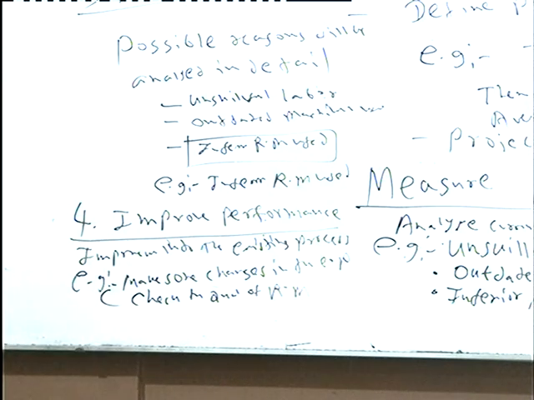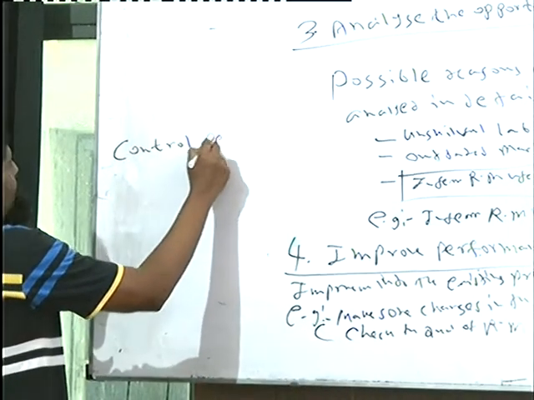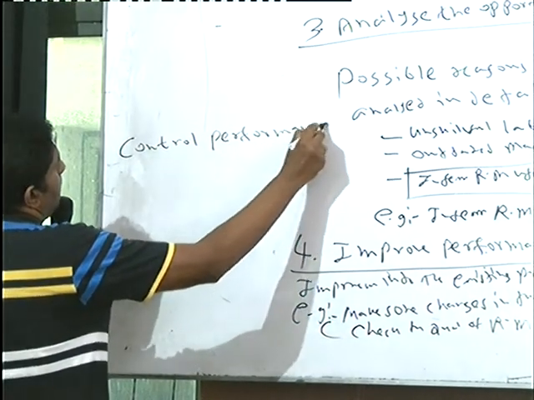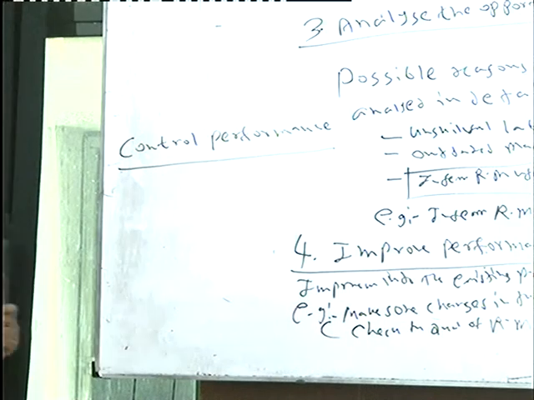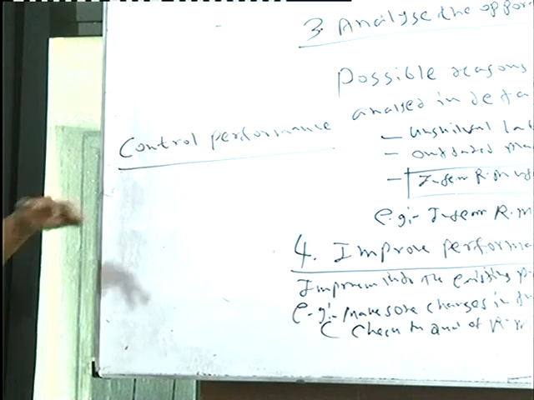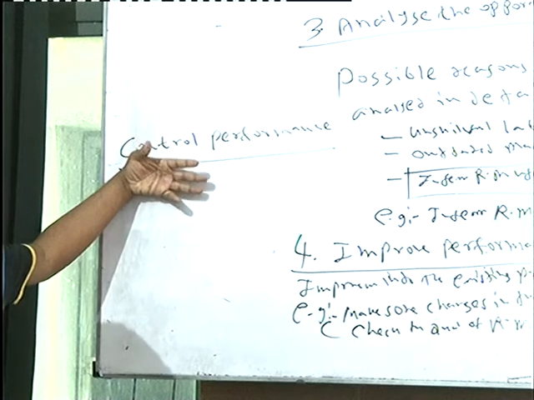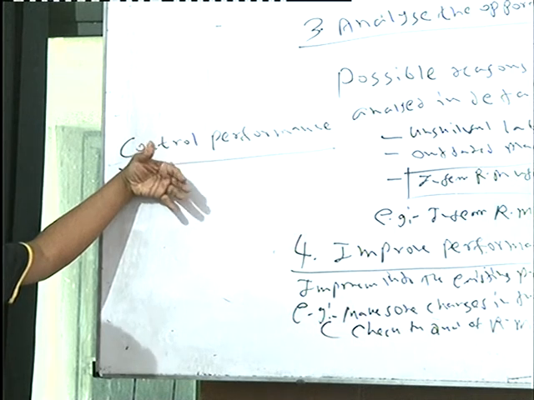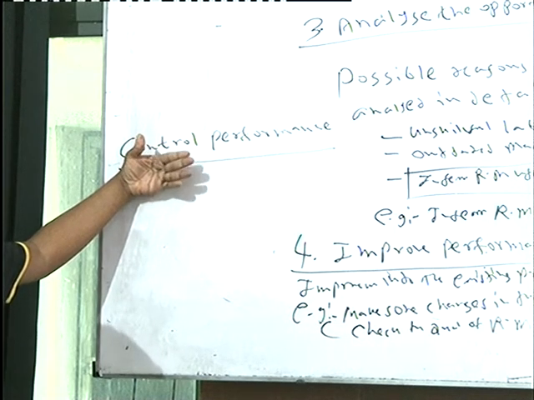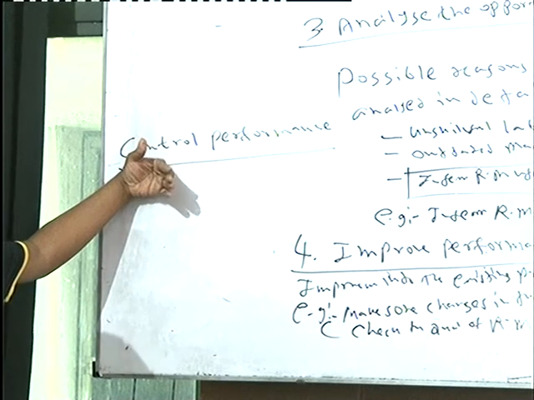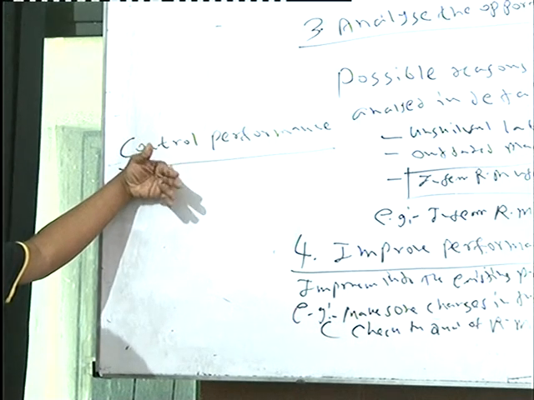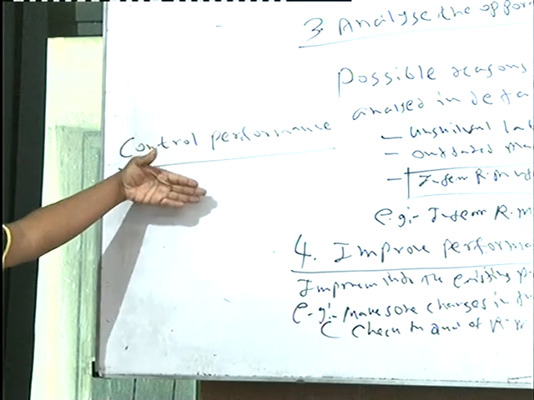Then the final step, what is the final step? Control performance, that is the monitoring work. After some time, you will check whether the required performance standard has been achieved within the new improved system.